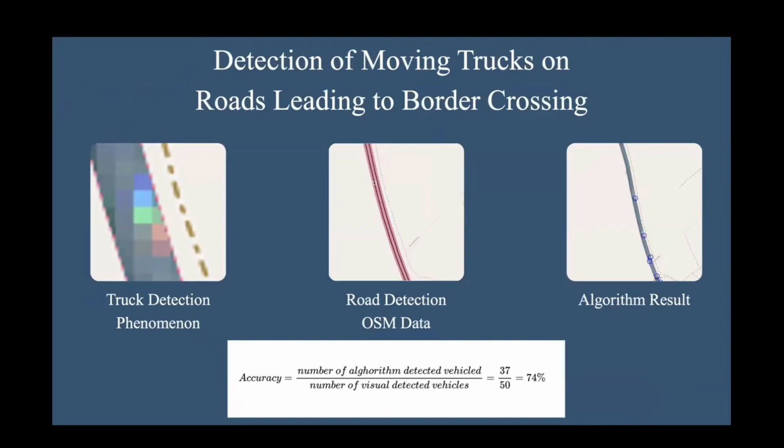So the first algorithm consisted of several phases. First is the phenomenon we used for this detection. We use the visible spectra R, G, and B of Sentinel-2 images. And what is really nice about the combination of these 3 bands is that moving vehicles that have a length longer than 10 meters can be visible as a rainbow.